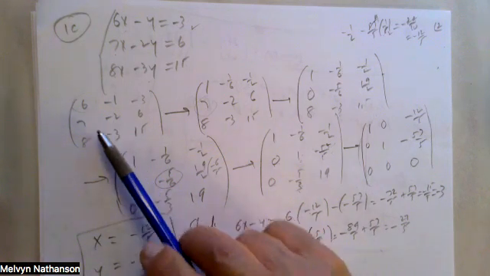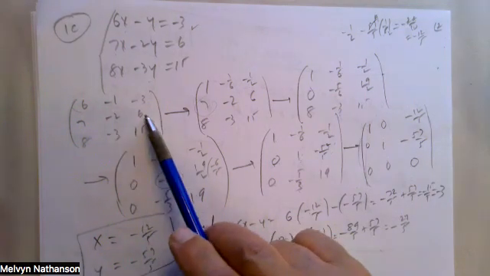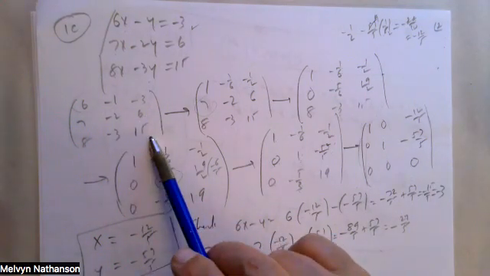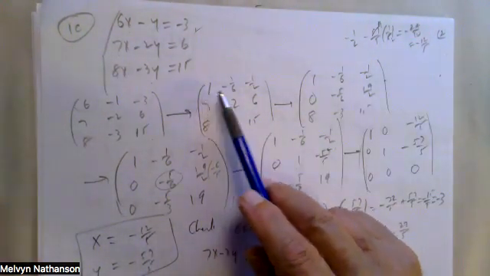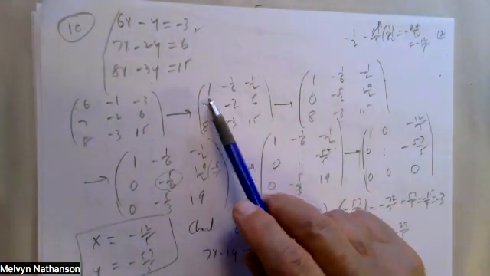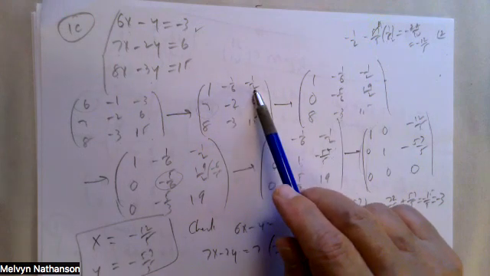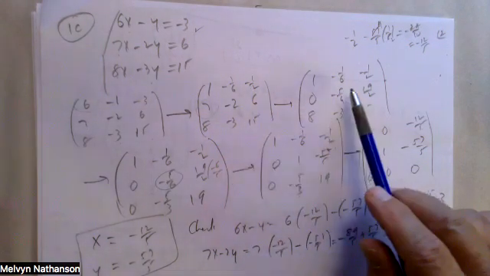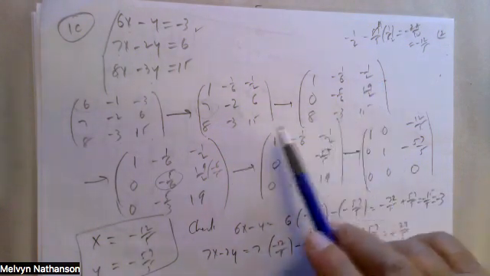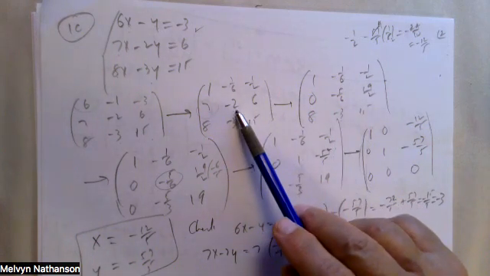So here is the augmented matrix: 6, minus 3, 7, minus 2, 6, 8, minus 3, 15. So I multiply the first row by 1/6. So I get 1, minus a half, and this doesn't change. Then I subtract 7 times the first row from the second row.